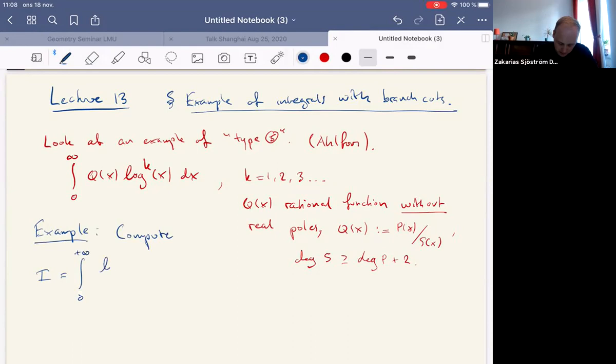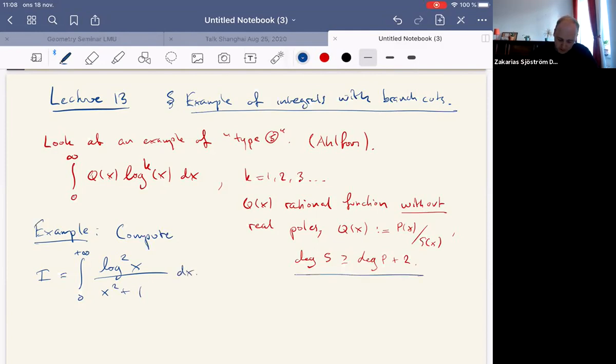I will take k equals 2, and q will be 1 over x squared plus 1. So it satisfies this hypothesis on the degree in particular, right?